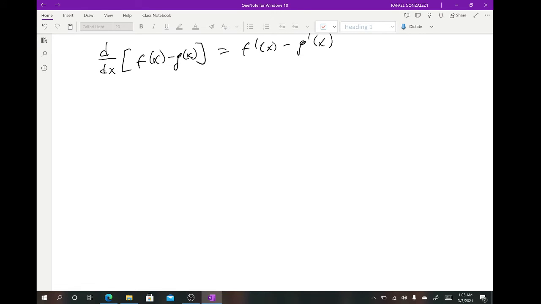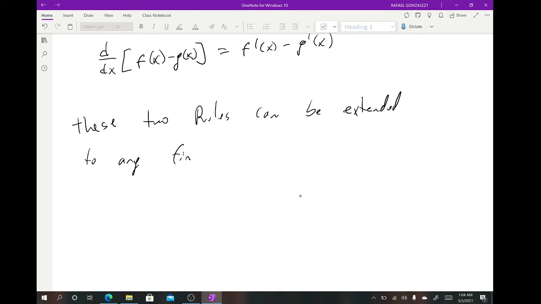Right, so these two rules can be extended to any finite number of functions.